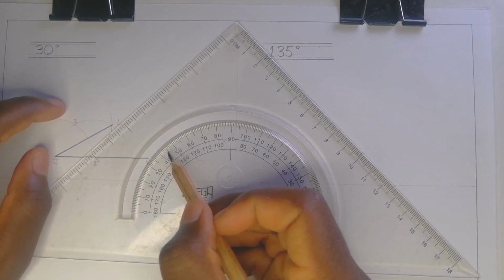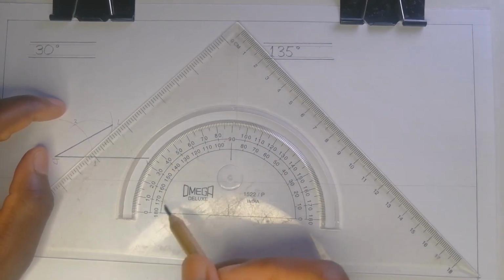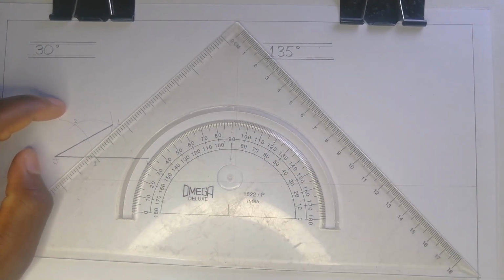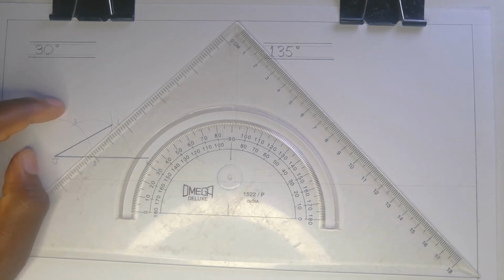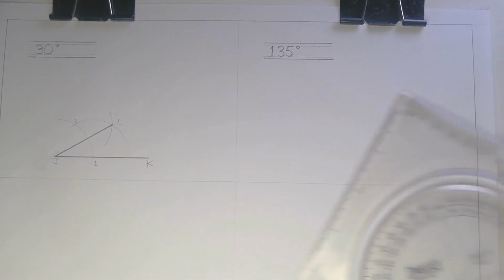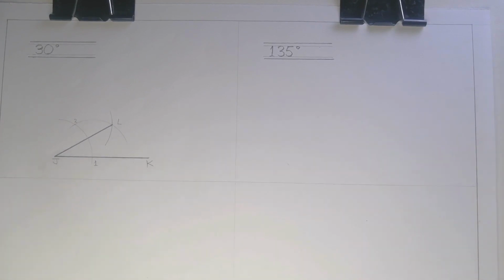What this simply hints is that for me to get 135 degrees, I just need to measure 45 degrees from the other end. Now, you notice 45 is half of 90 degrees, right? So, for me to get this 135 degrees, the first thing I need to do is get a 90 degrees.